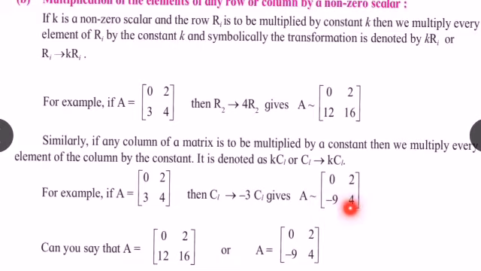First column is 0, minus 9 and second column is 2, 4 as it is. So A is equivalent to [0 2; 12 16], or A is equivalent to [0 2; minus 9 4].